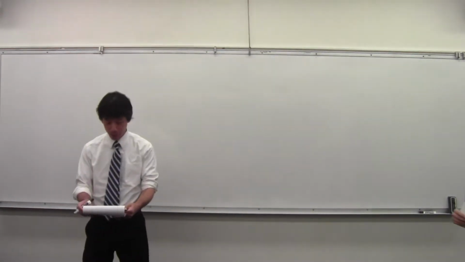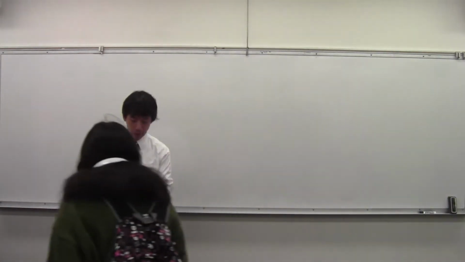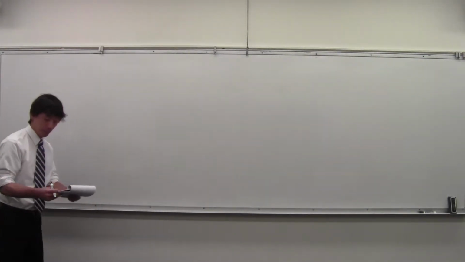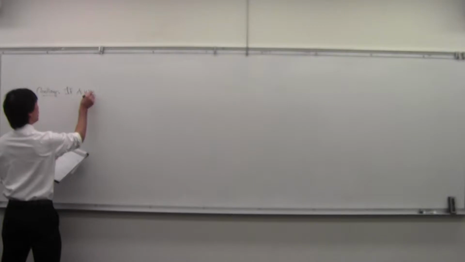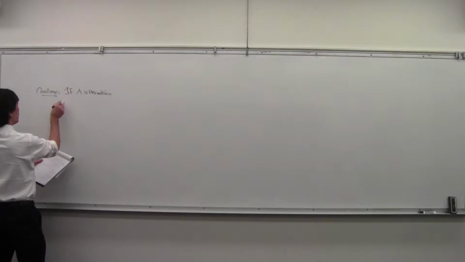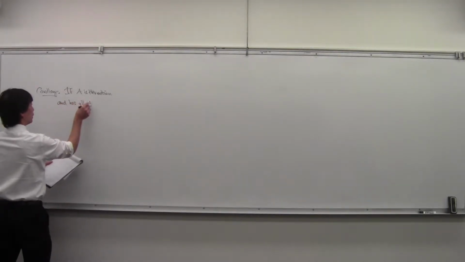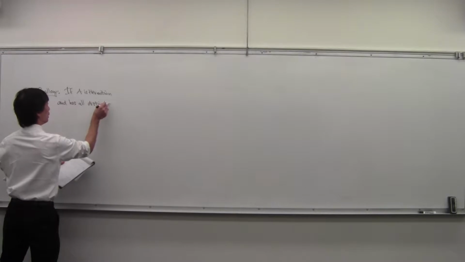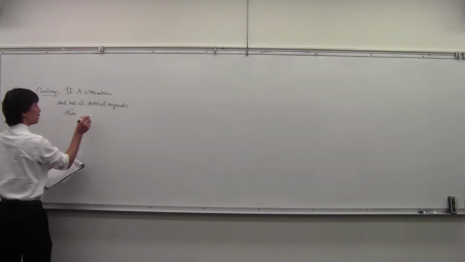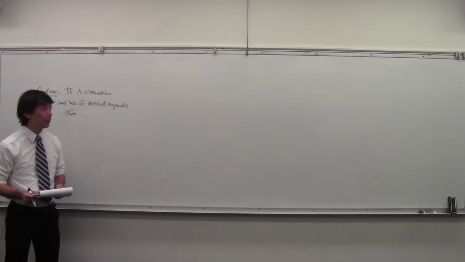Okay, so let's recall what we finished up with. Remember what we finished up with was this corollary. And the corollary said that if A is Hermitian and has all distinct eigenvalues, then something happens.